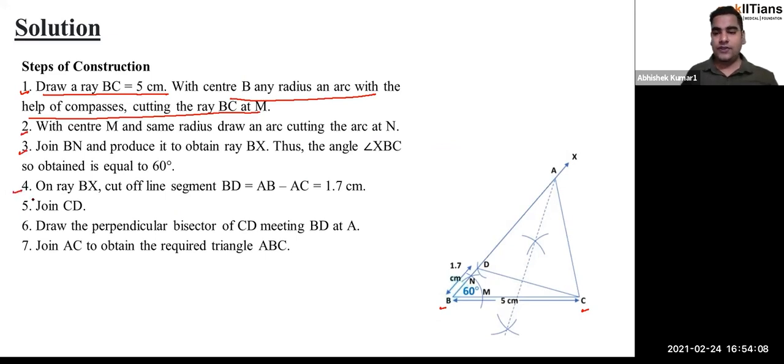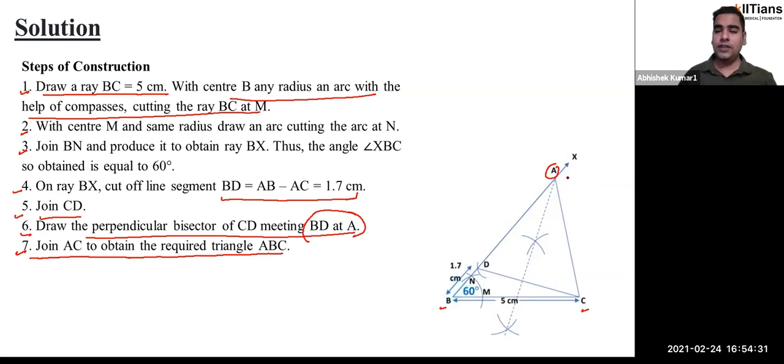Then on this ray they marked BD, which is equal to the difference provided to us, that is 1.7 centimeter. They joined CD, and they drew the perpendicular bisector of CD. That perpendicular bisector intersects this BD at A. After that, all you need to do is join A to C to obtain your required triangle ABC.